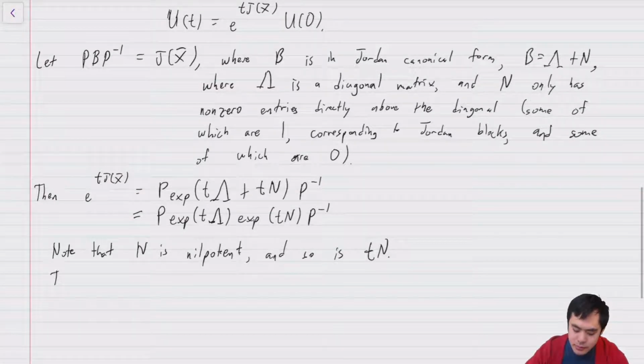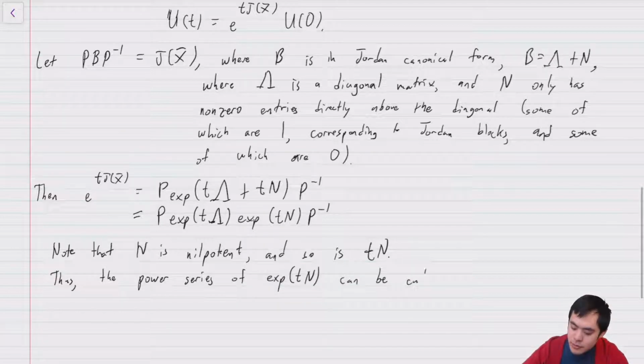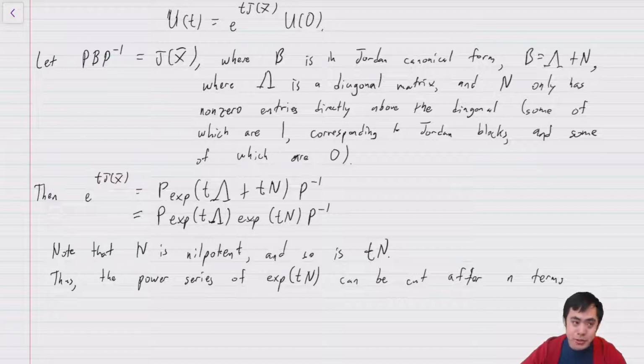Plus, the power series of the exponential of tN can be cut off after a finite number of terms. After n terms, because after n terms it is just 0.